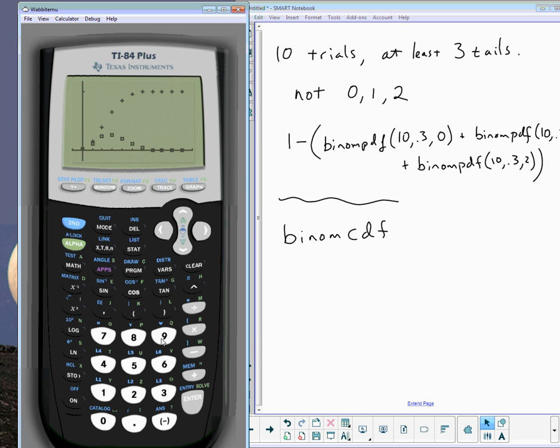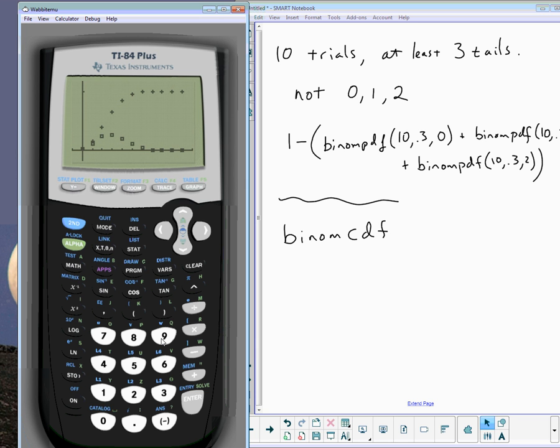I went to second y equals, which is stat plot, turned it on, went down and made sure that I was dealing with list 1 and list 3 for my x and y values. And then in order to get my window correct, I hit zoom 9, which is zoom stat. You okay? Sure? Okay. All right.